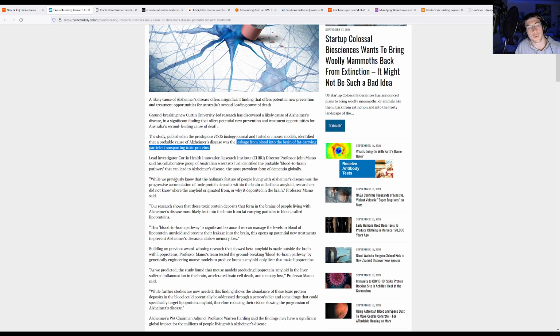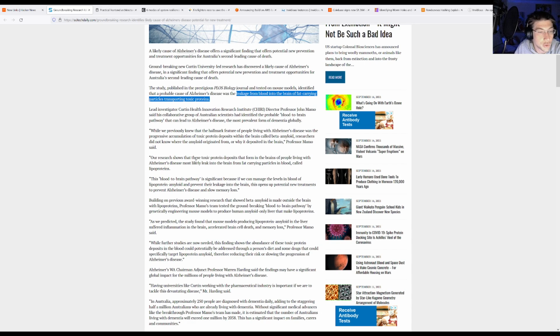We previously knew that the hallmark feature of people living with Alzheimer's was the progressive accumulation of toxic protein deposits within the brain called beta amyloid. The researchers did not know where the amyloid originated from or why it deposited in the brain.